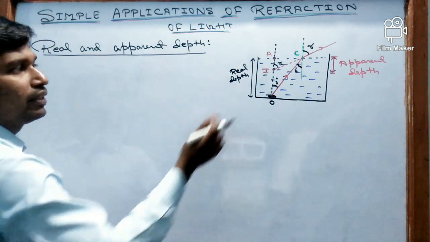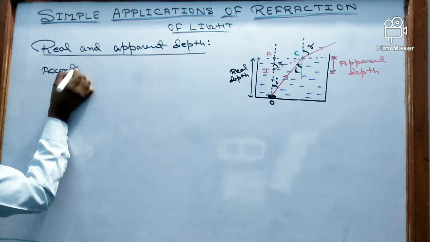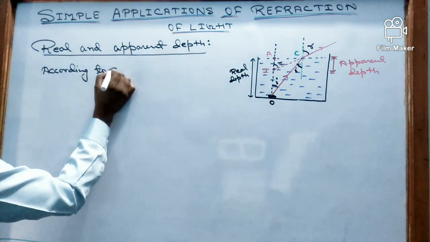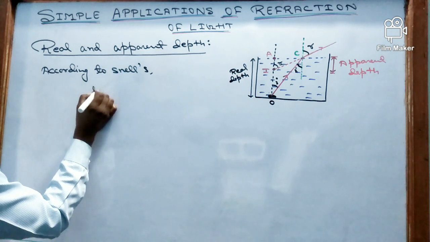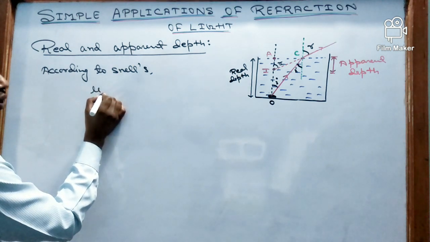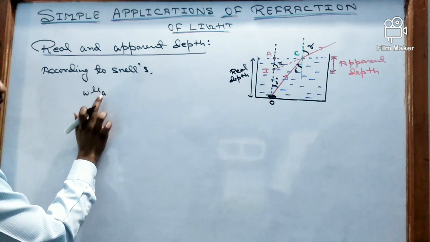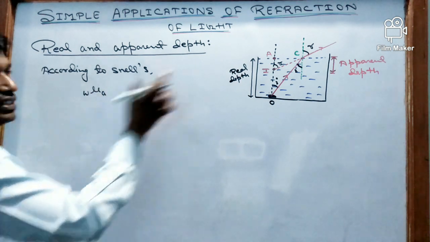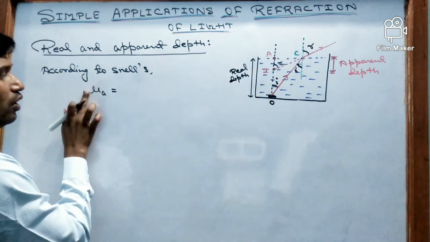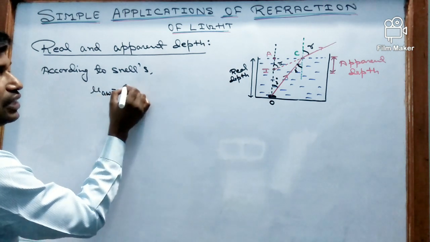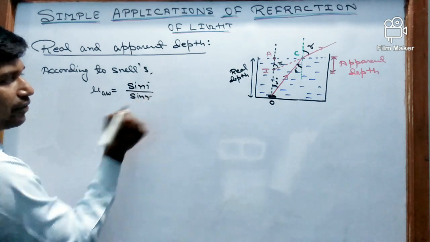Now according to Snell's law, we can write the refractive index of air with respect to water, aμw, equals sin i by sin r.